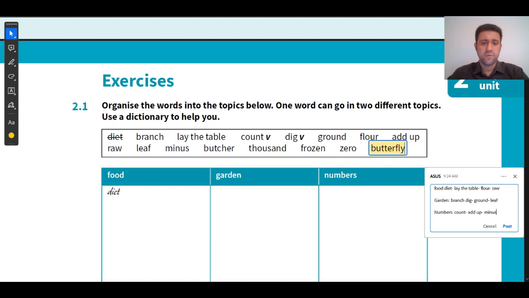Butcher is related to food. Thousand is related to number. Frozen, food. Zero, numbers. And at the end, butterfly, which is related to garden.